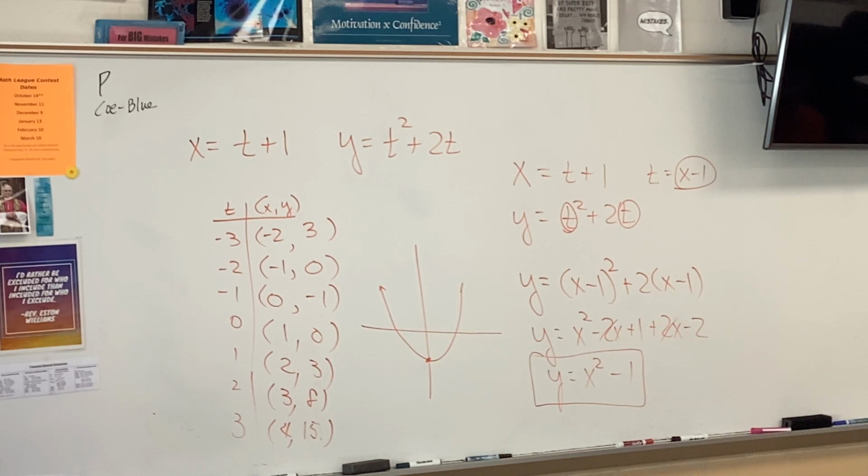When you turned your calculator on, FUNC was highlighted, so you're going to go over in that row and highlight parametric. Come down here, where it says parametric. Right there, yeah.